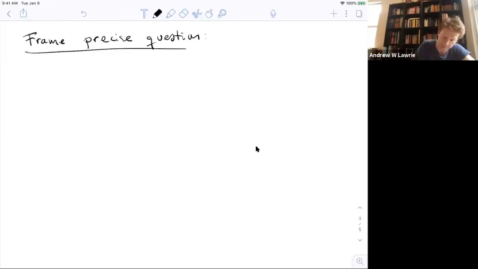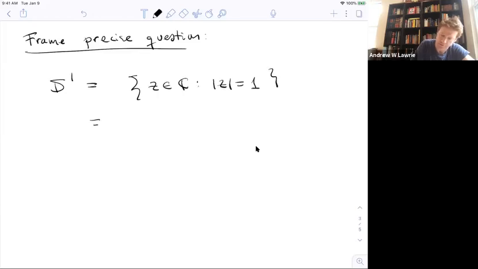Okay, so let S1 be equal to all z in the complex plane such that the absolute value of z is 1, which we identify with the set of all x, y in R2 such that x squared plus y squared equals 1. This is the unit circle.